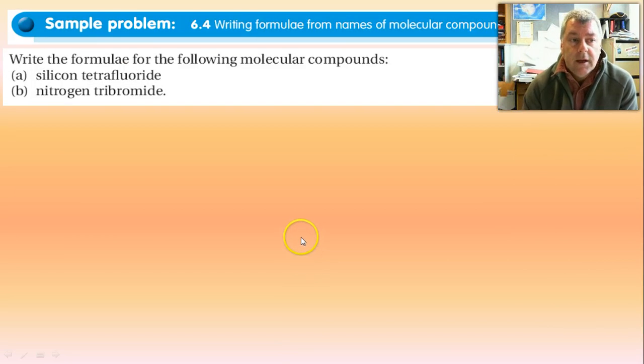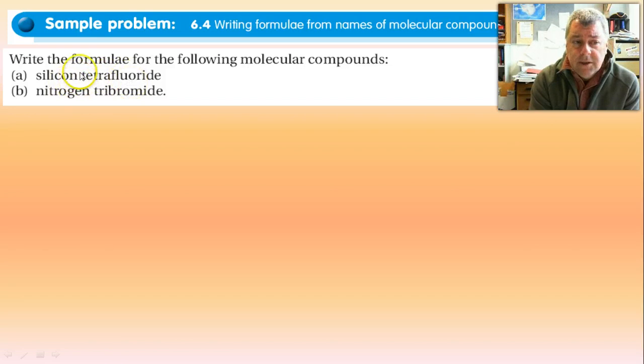So in this case we're going from the name to the formula. So here we have silicon tetrafluoride. Notice it's silicon instead of silica. It could just as equally have been silica tetrafluoride. Now the tetra tells you there's a number of fluorines there, 4, and the fluoride is a representation of fluorine.